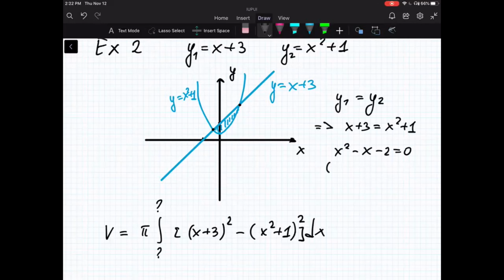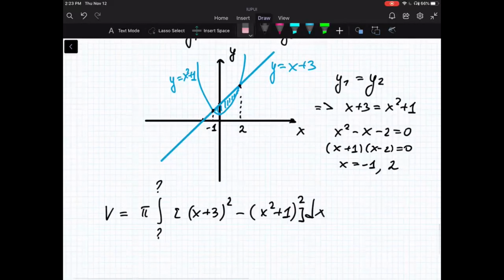Or I can factorize it and get x plus 1 times x minus 2 equals 0. And thus either x is equal to minus 1 or it is 2. And that gives me these two coordinates, which in fact are my limits of integration. So from minus 1 to 2.